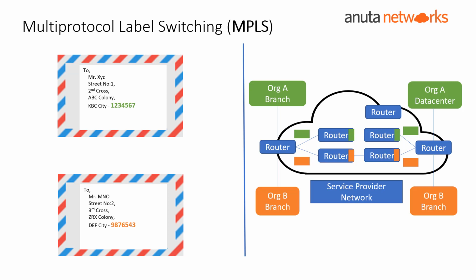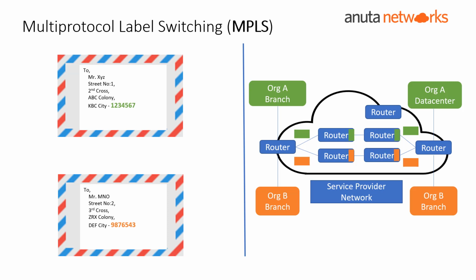In the network represented here, we have two organizations, Org A and Org B. When Org A sends some information to its branch office on the other side of the country, it enters an MPLS network provided by a service provider. And when it enters a service provider network, a label is attached to it.